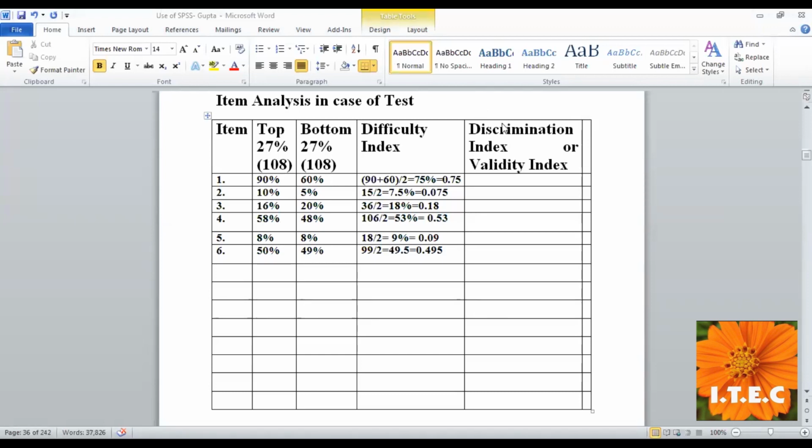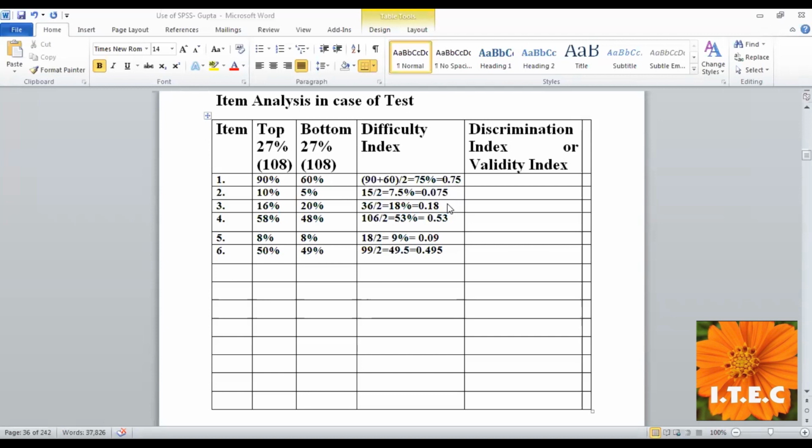Now, here, the first item, the difficulty index is 0.75. It is the higher value. So that means this particular item is easy. So higher the value, the easier the item. The second item is difficult, because here it is 0.075.